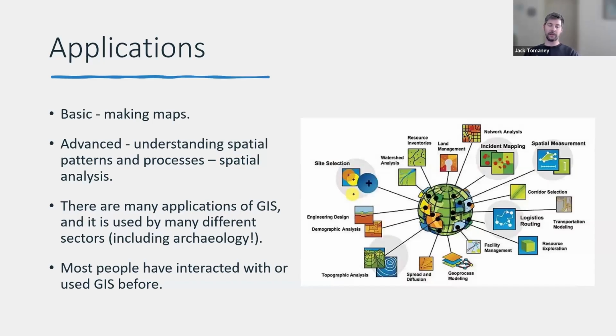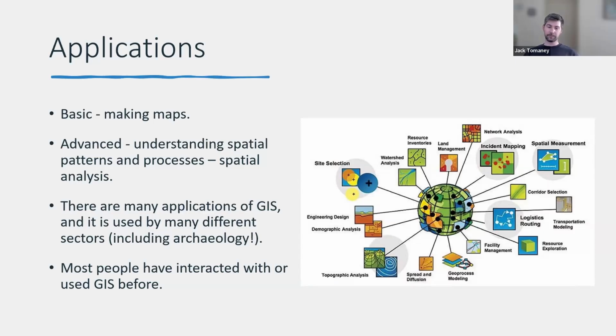It is really a complex subject, and its applications and outputs are used in many different sectors. I've just put a few here, from transport to engineering to telecommunications, environmental management, and of course archaeology. Really any subject that has a locational aspect to it, GIS can be useful.